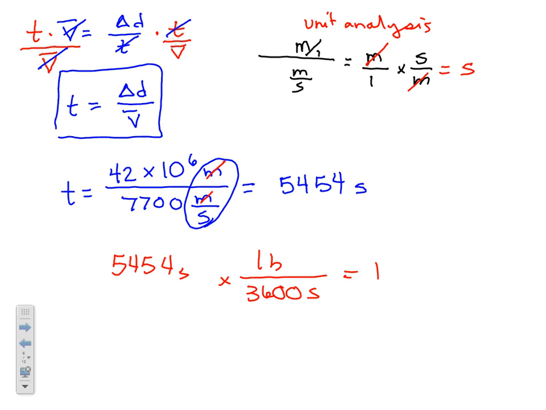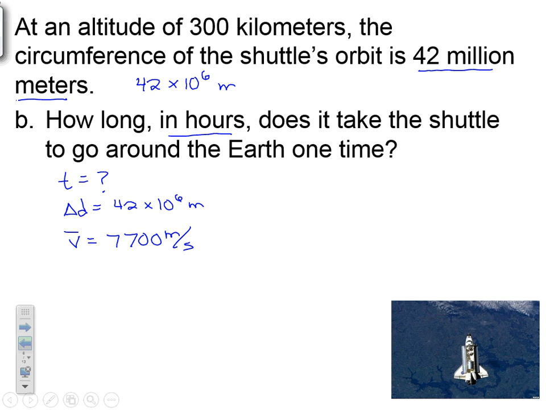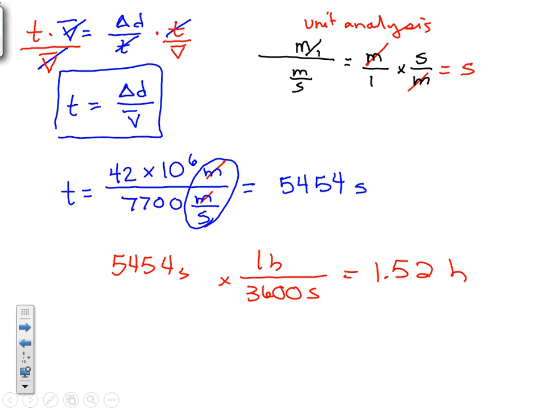That's 1.52 hours. Looking back at your problem, we should have 2 sig figs. Our original velocity had 2. So think about it. I bet you got it: 1.5 hours to go around the Earth once. It's kind of cool, huh?